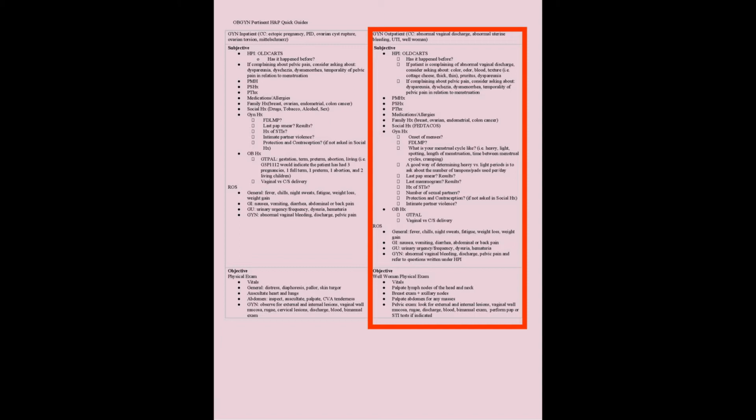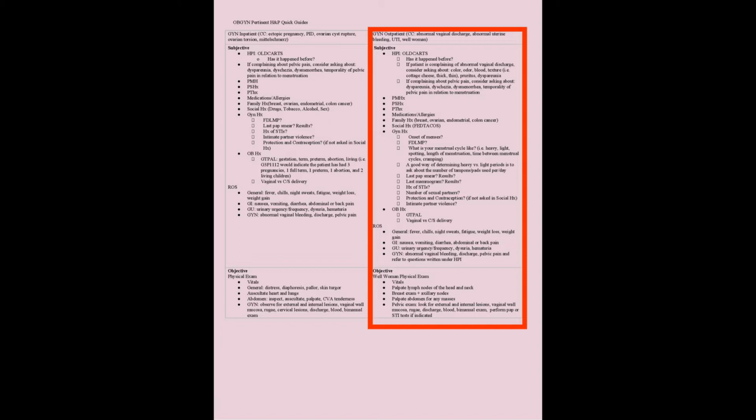For the OB history, you're going to ask the GTPAL, and this essentially is gestation, term, preterm, abortion, and living children. The example I gave was a GTPAL of G3P1112.